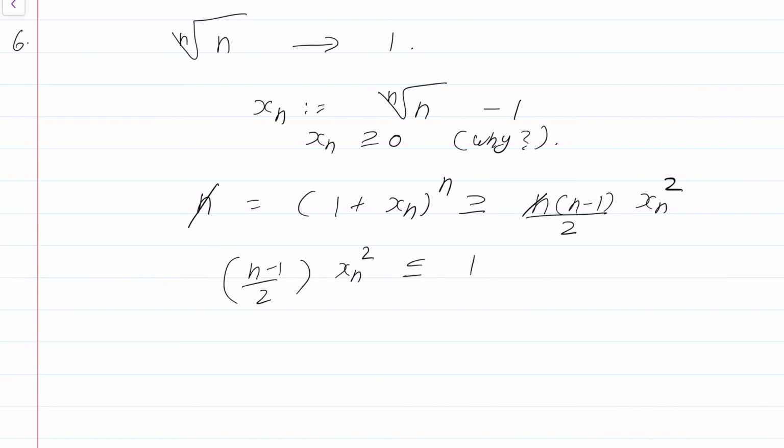In other words, 0 is less than or equal to xn is less than or equal to square root of 2 by n minus 1. This will be valid whenever n is greater than or equal to 2. We have to be a bit careful because when n equals 1, the denominator becomes 0 and this quotient doesn't make any sense.